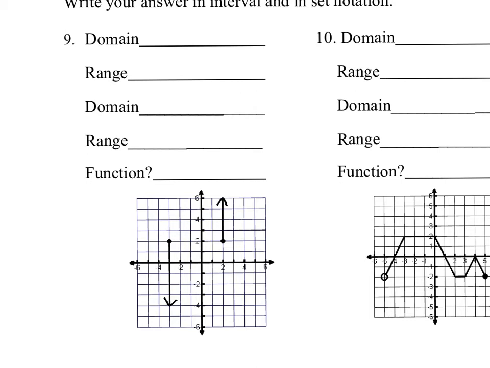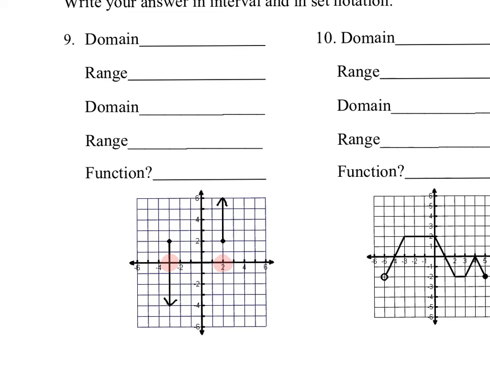So looking at this right here, the furthest number to the left, x-wise, is -3, right? Because that's where that line is. And then the furthest number to the right in terms of x is 2. So what we see here is that it doesn't have any other x values except -3 and 2.